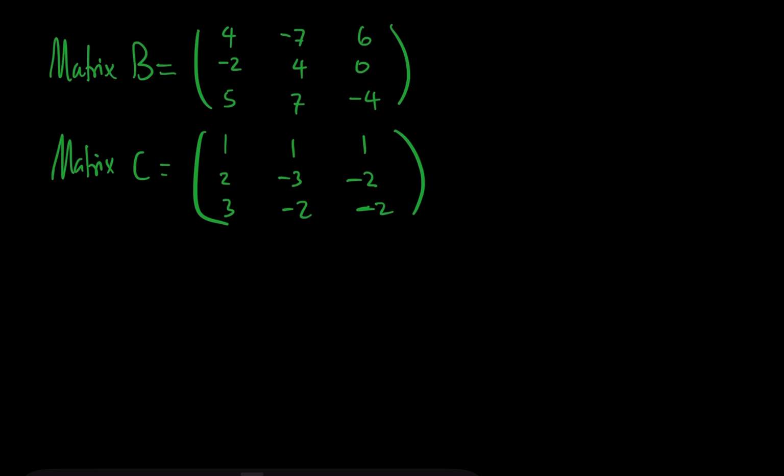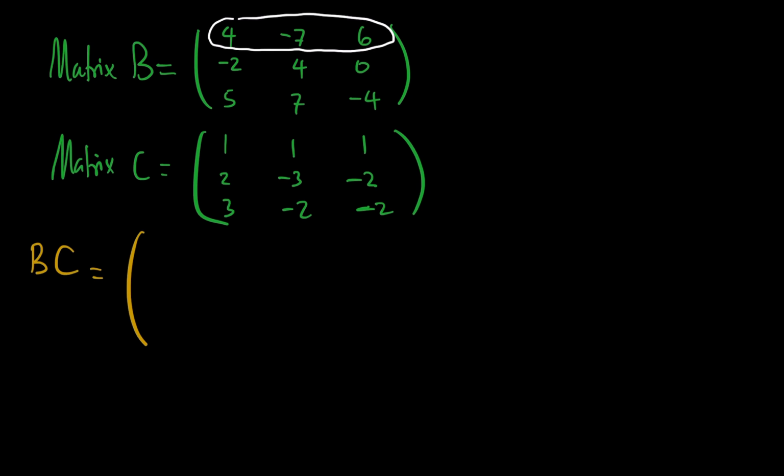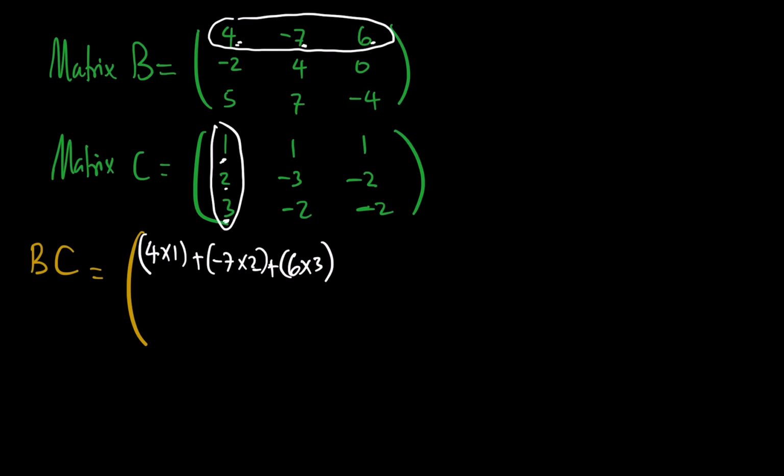Now, let's say we're looking for the matrix B C. We're saying that always take the first row and go with the first column. First row, first column. So it's going to be 4 multiplying this 4, multiply this 1, and then this -7 will multiply this 2, plus this 6 will multiply this 3 like that.